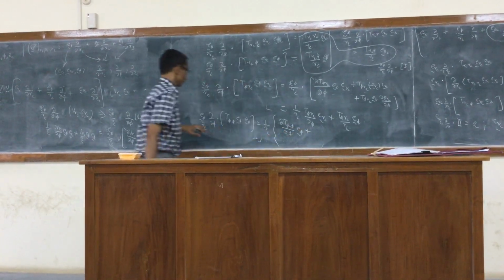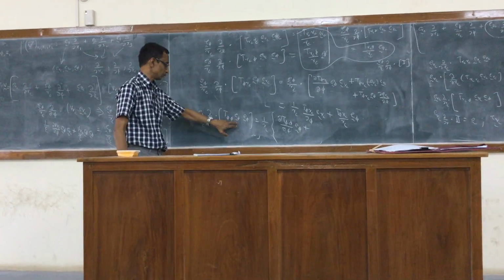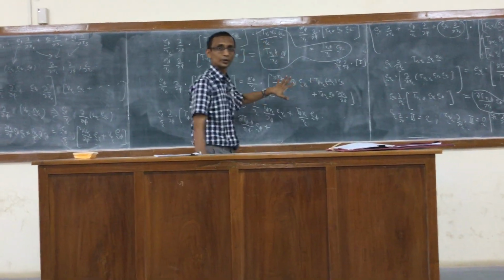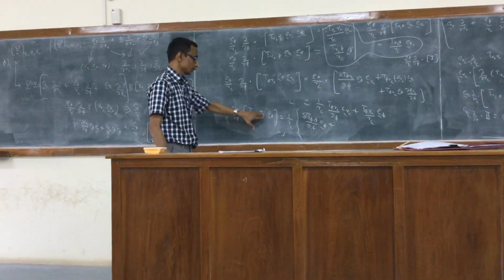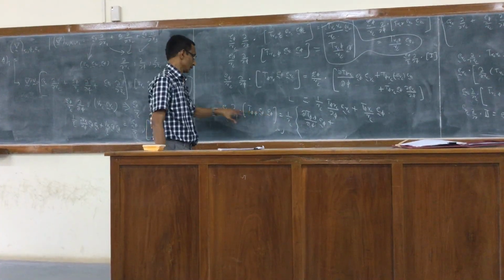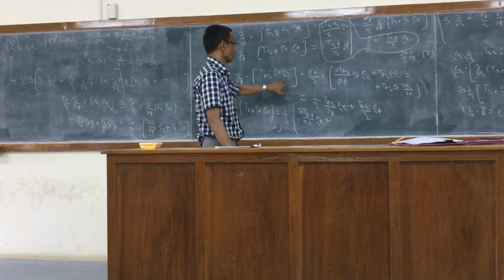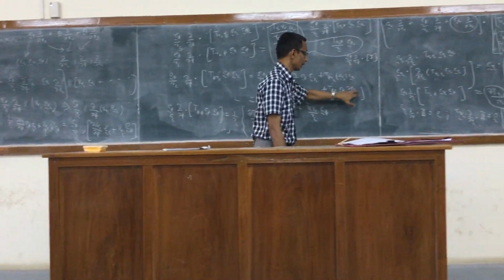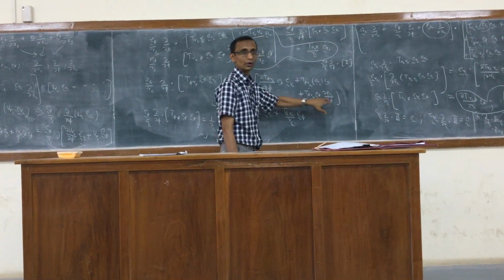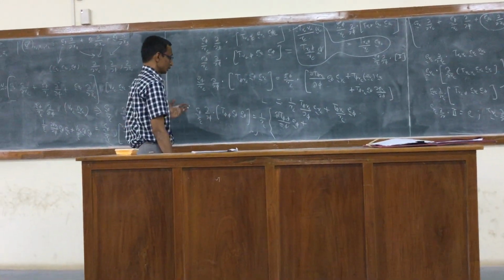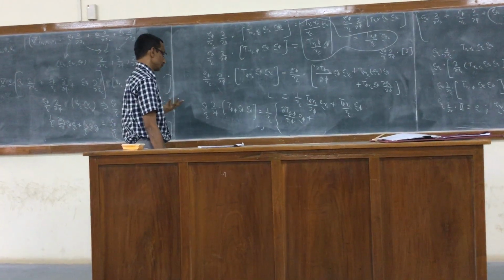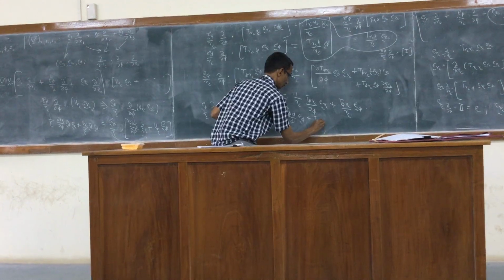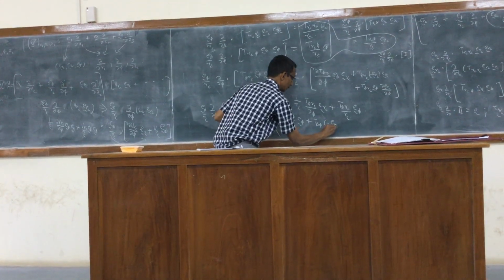Now the next term would involve d phi by d phi. Again, just as we had here, that's not going to contribute. Right? The third term is what I am going to write, which would now involve d phi by d phi. Right? There it involved d rc by d phi. Now this would involve d phi by d phi. And so that is minus rc. Right? So that would be d phi phi minus rc.